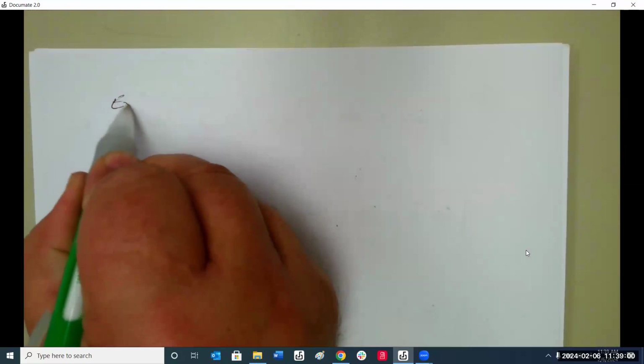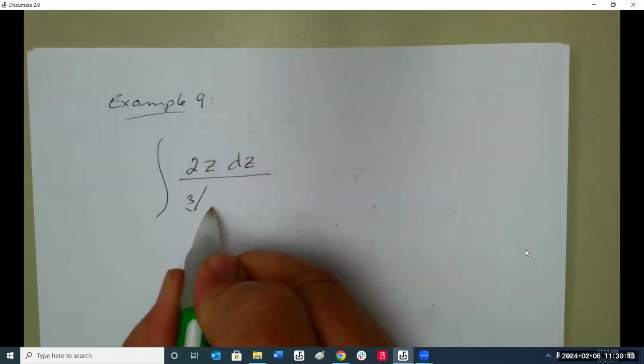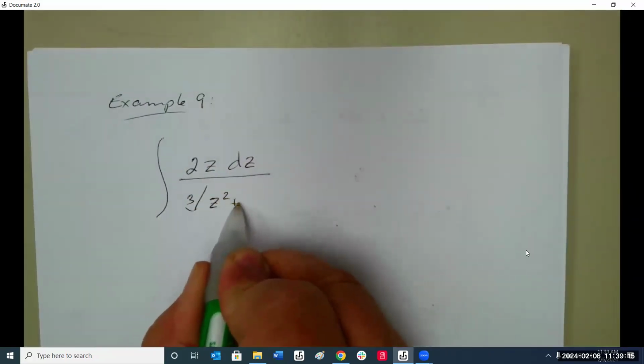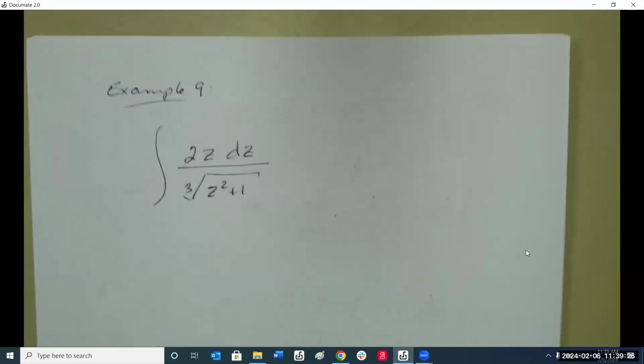Okay, so this one, example 9, is the integral of 2z dz over the cube root of z squared plus 1. I don't need the sheets anymore. No, we're done with the sheets. All right, so where do we go?